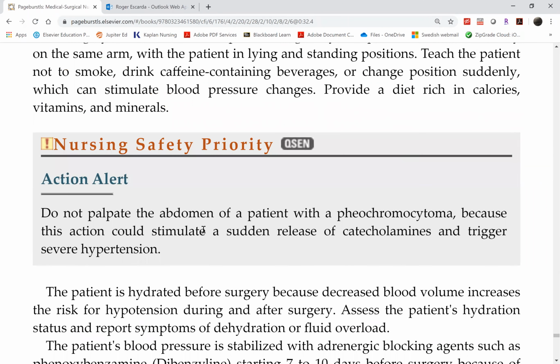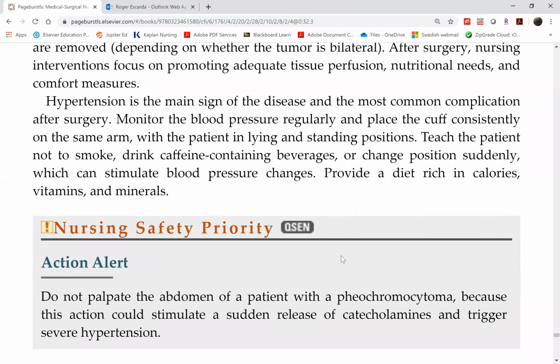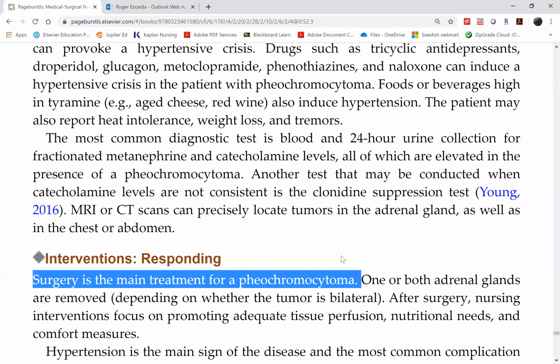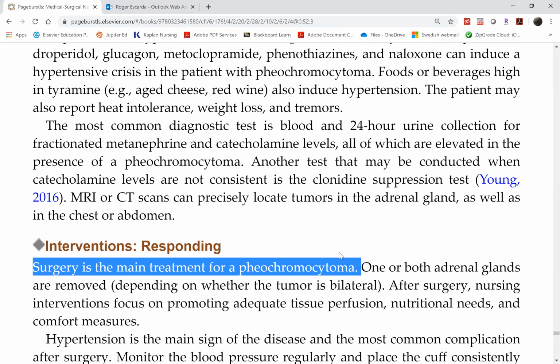I already said this, do not palpate that mass because it can be seen on the abdomen. In fact, they grow so large that it will actually impair GI function, so they can have constipation here because the tumor is quite big.